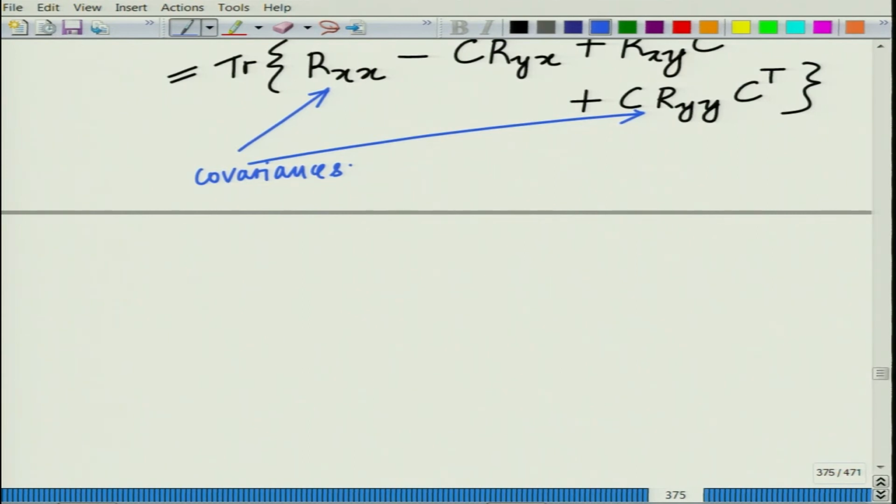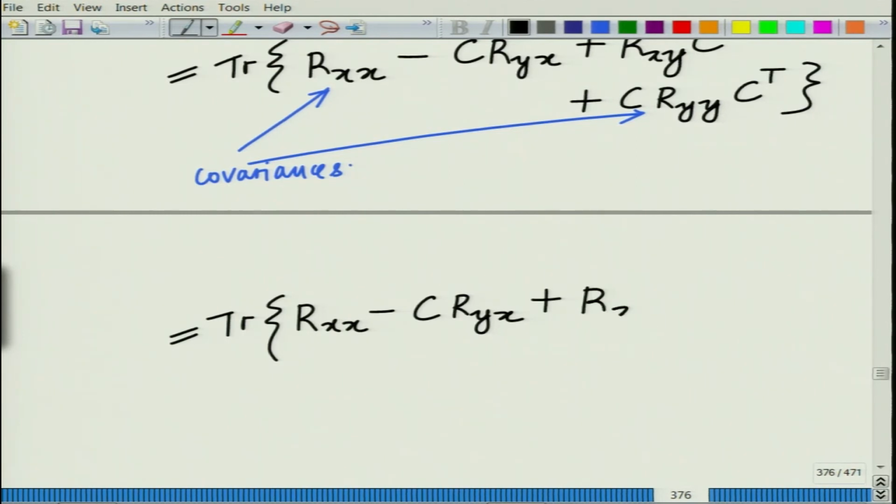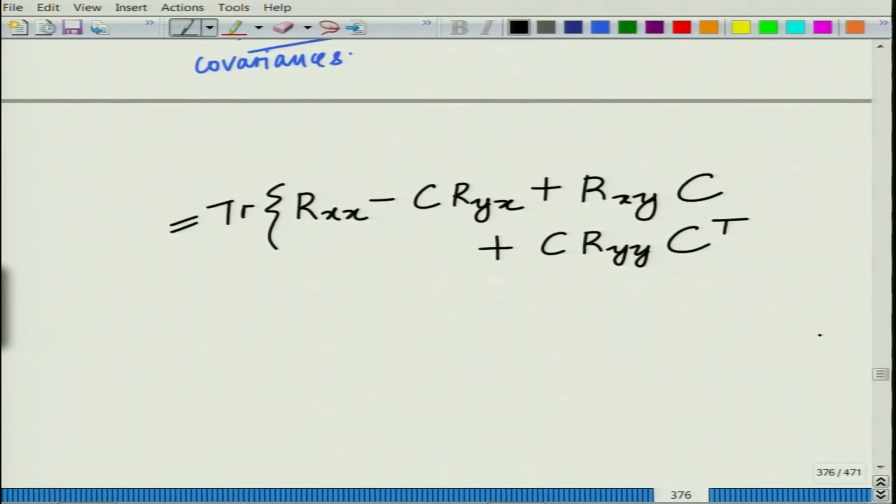I can simplify this as trace of R x x minus C R y x minus R x y C transpose plus C R y y C transpose, and I will add and subtract terms. We will see the need for this later.